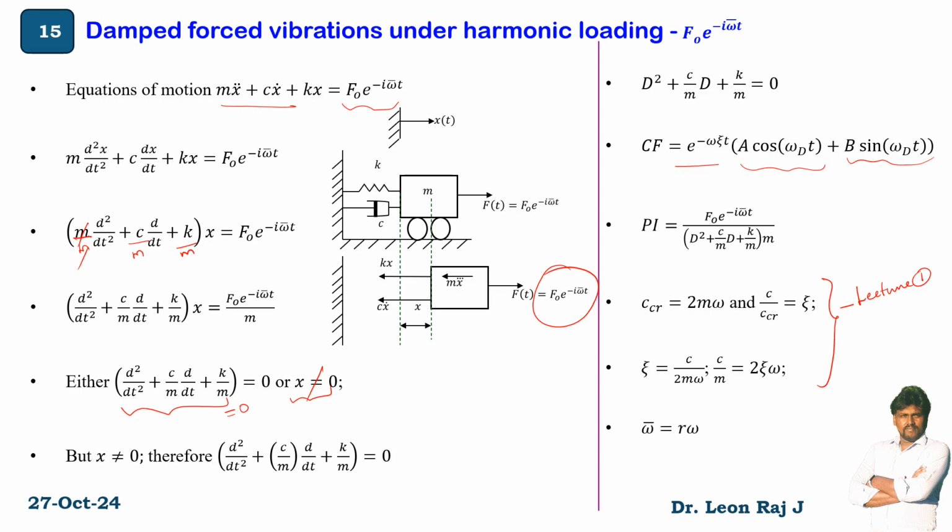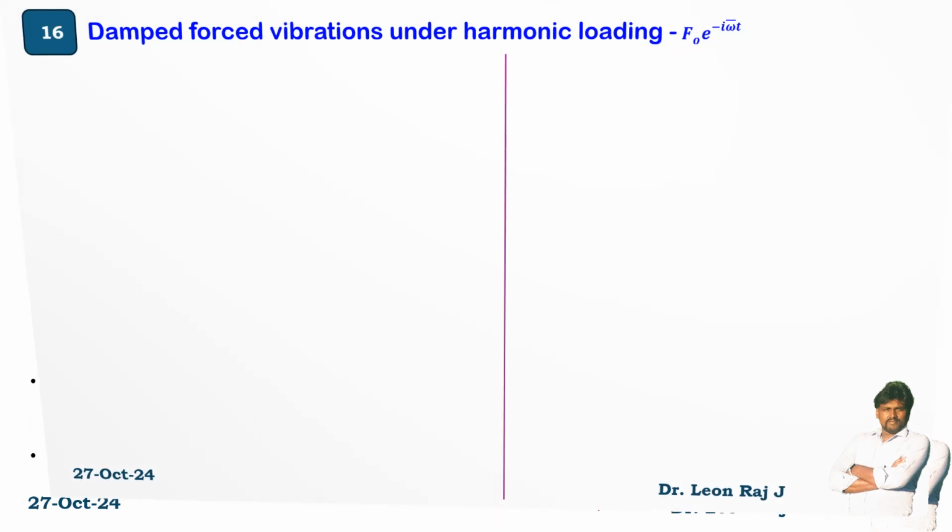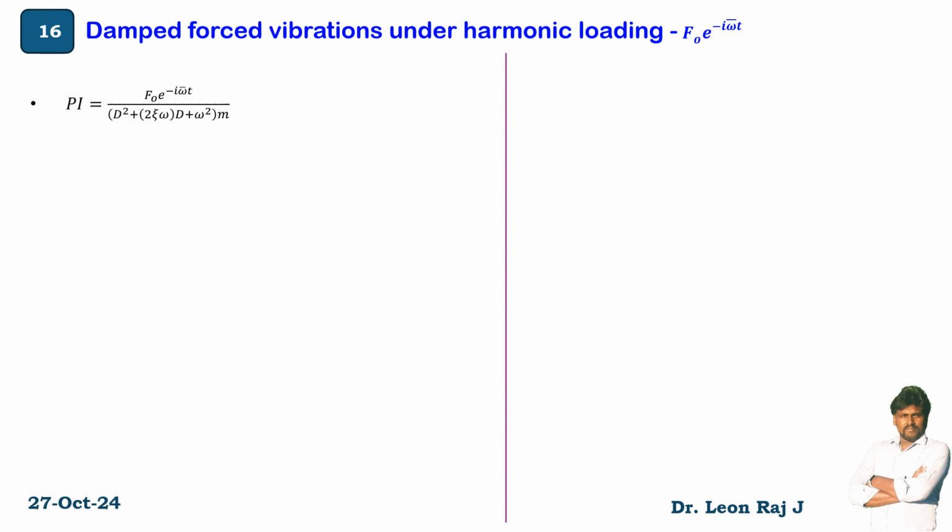So omega bar equal to r omega. So the particular integral equals f0 e power minus I omega bar t divided by d square plus 2 xi omega into d plus omega square into m.